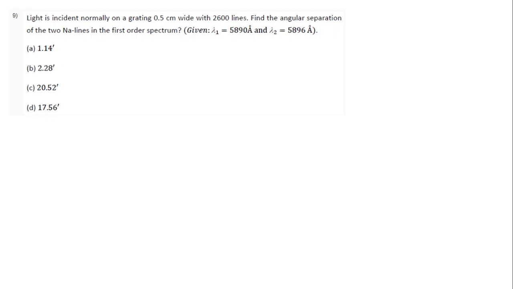Okay. Next question, question number 9. Light is incident normally on a grating 0.5 centimeter wide. So the width of the grating is 0.5 centimeter, and the total number of lines is 2600.